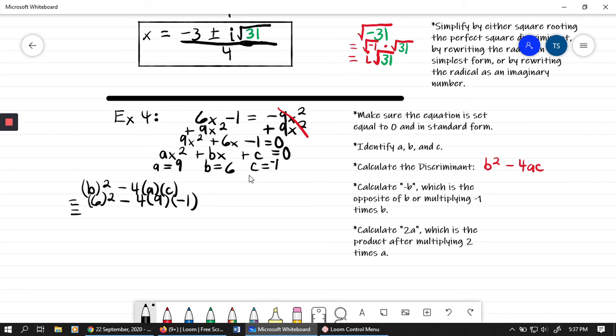Remember, we square that number first. 6 squared is 36, and then we multiply -4 times 9 times -1. When we multiply these three numbers, what we get is positive 36. So this is 36 plus 36, which is 72. So our discriminant here is 72.